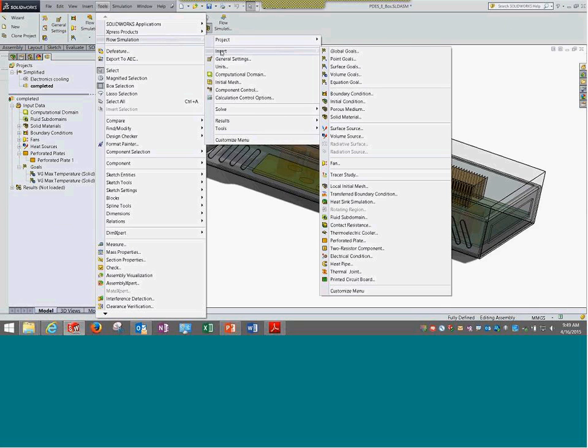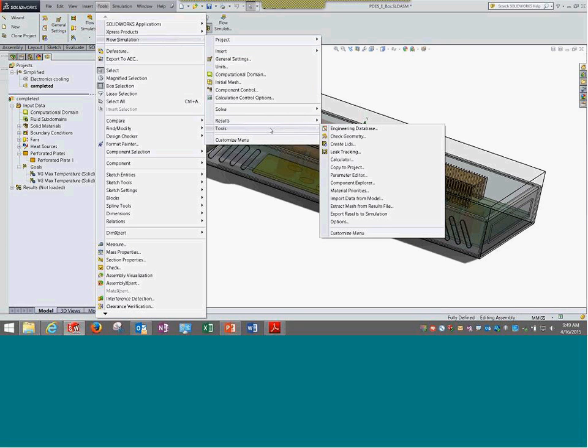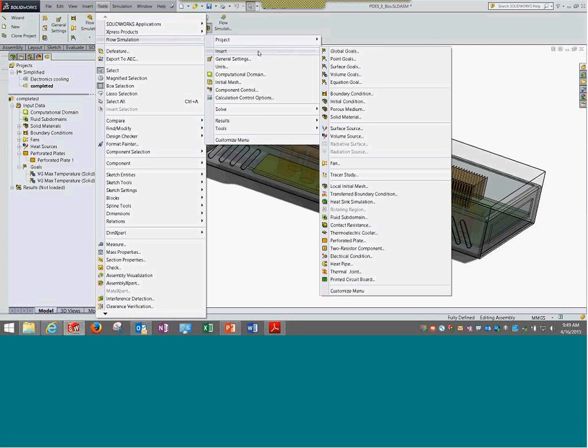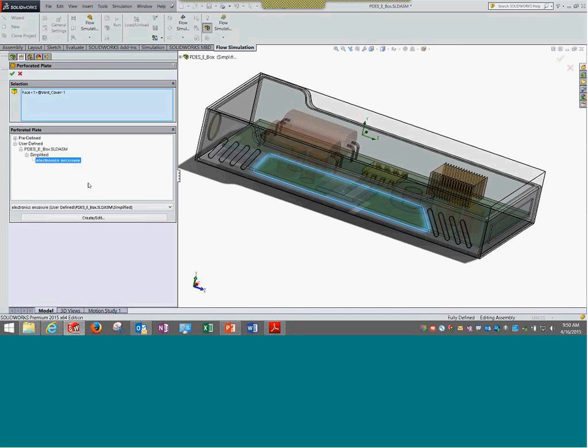Flow Simulation, Insert, Perforated Plates. Yeah, here, sorry. It is somewhere here. And then once you go in that option, typically what I'm doing is I'm selecting the inlet.